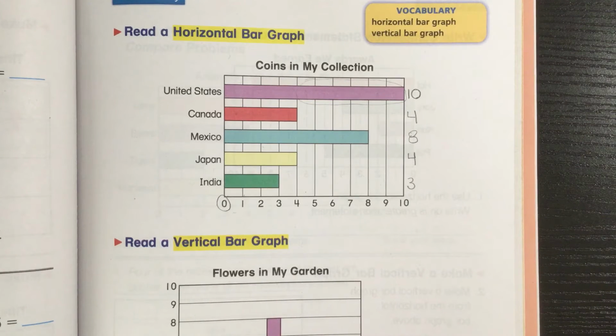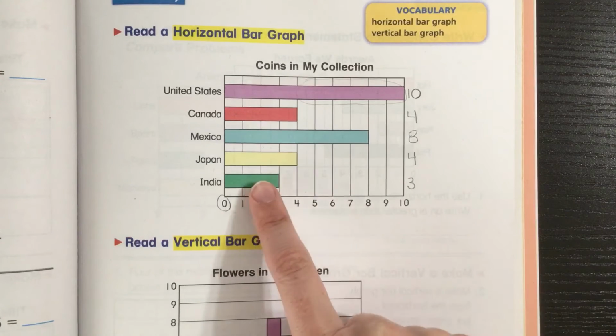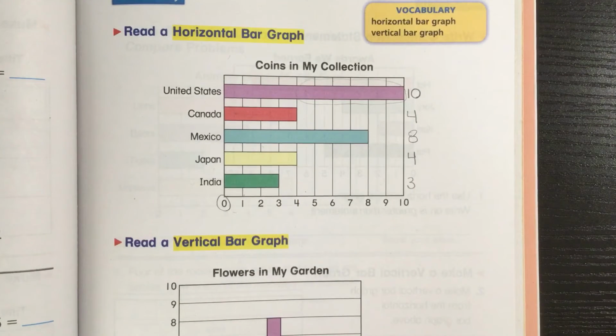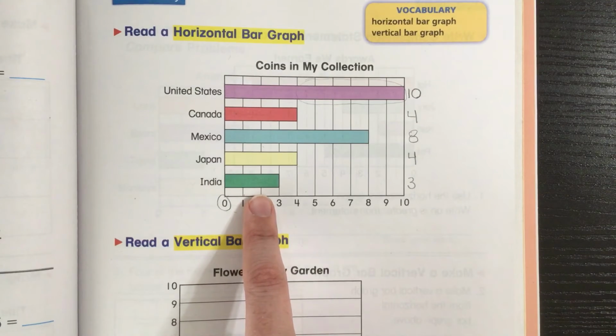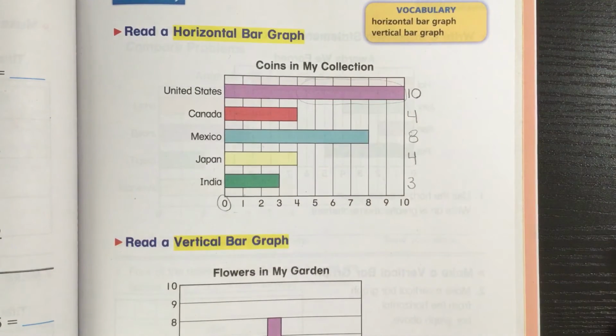There is 1 more coin from Japan than India. Both of those are greater than statements because they are statements that tell how many more one category has than another. You could do less than statements too. India has 1 fewer coin than Japan in the collection.